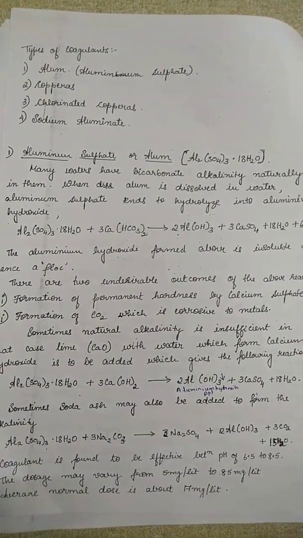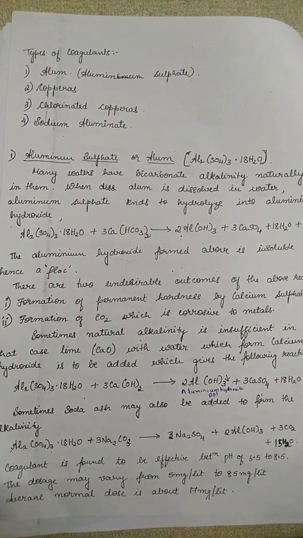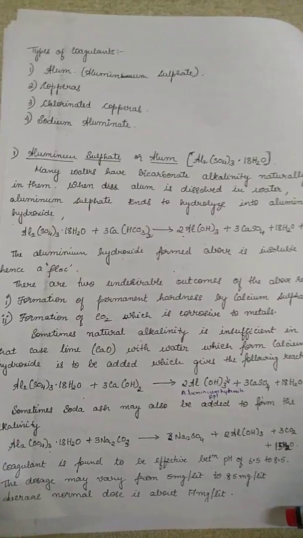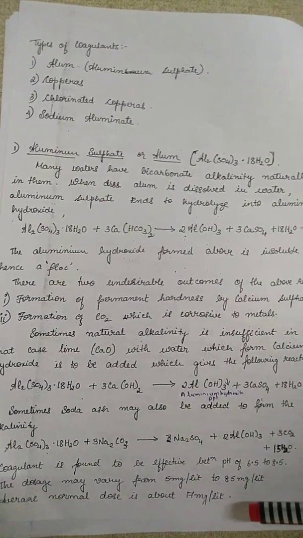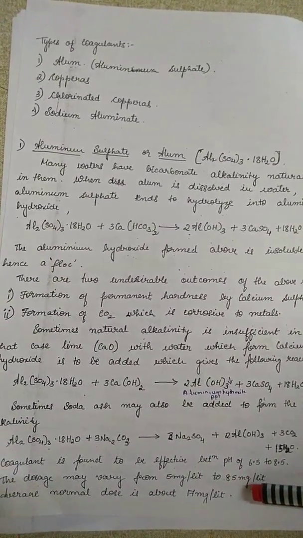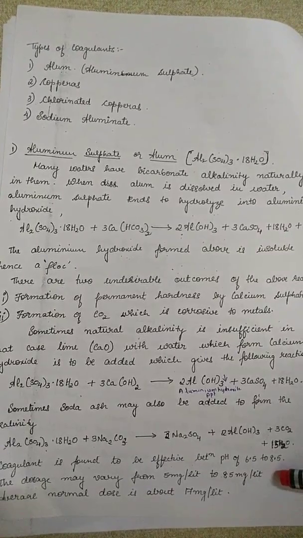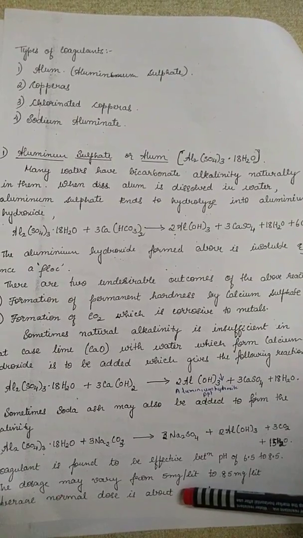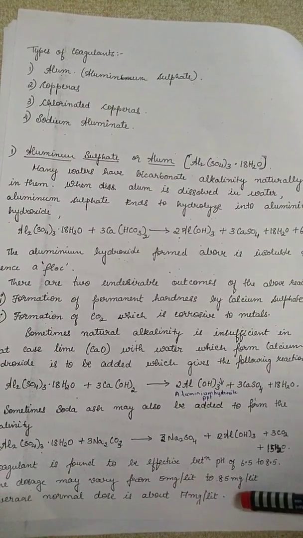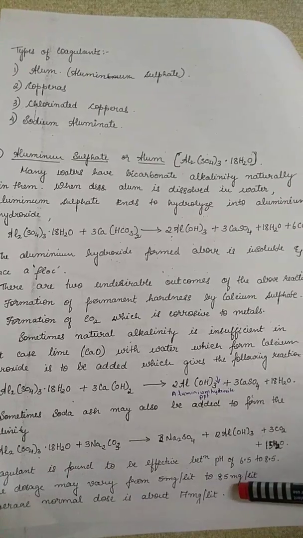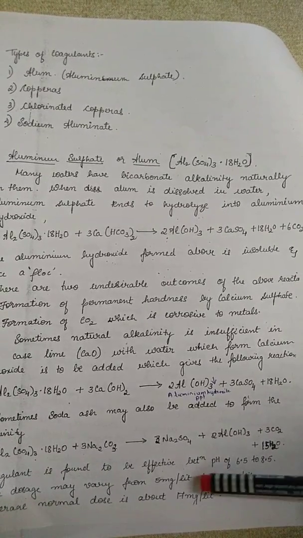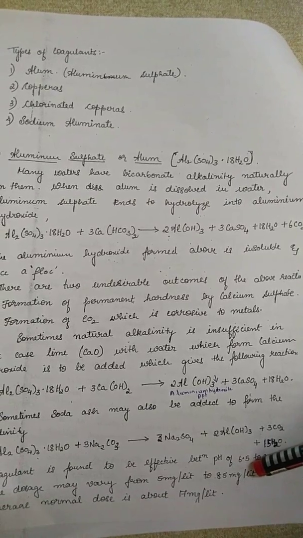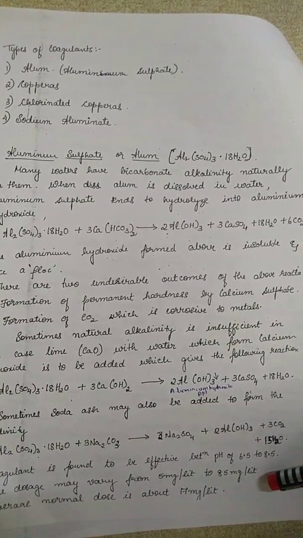Now this aluminium sulfate, or alum, is pH specific. When the pH is between 6.5 to 8.5, then we can use it, and the dosage may vary from 5 mg per liter to 85 mg per liter, depending upon the turbidity of water.